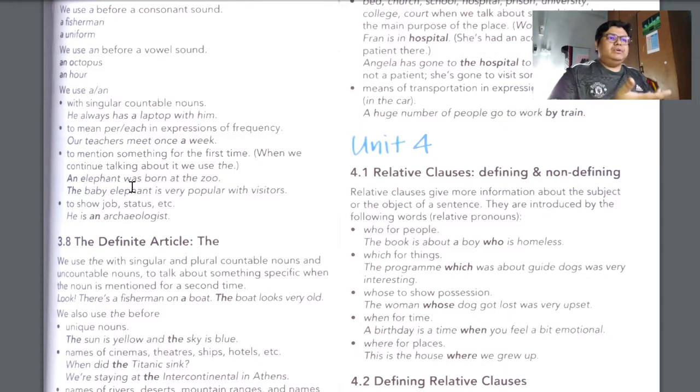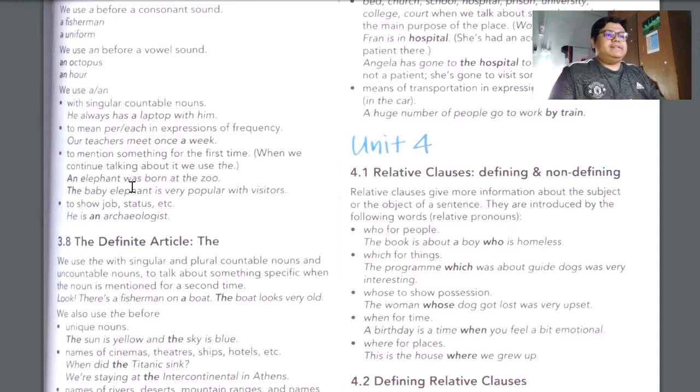Kalau noun tu huruf consonant sound, then we use a. If it's a vowel sound, then we use an. So that's for the first time mention only.